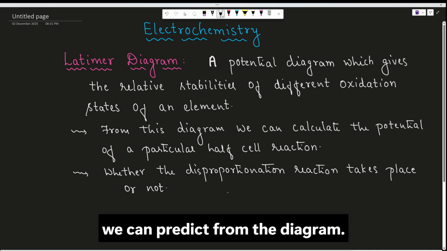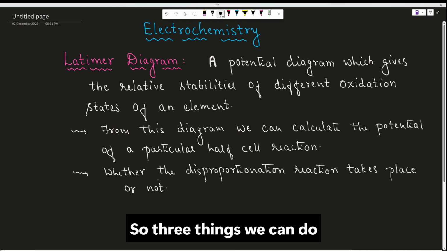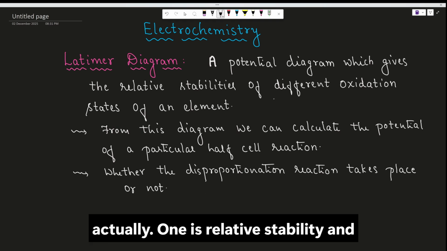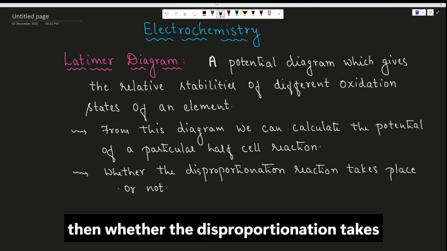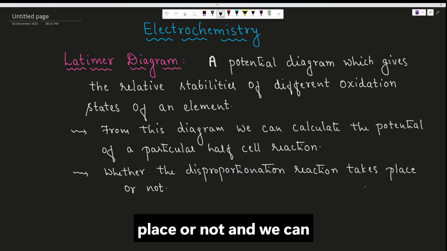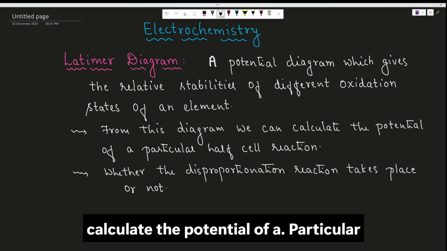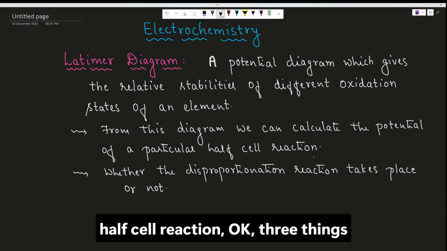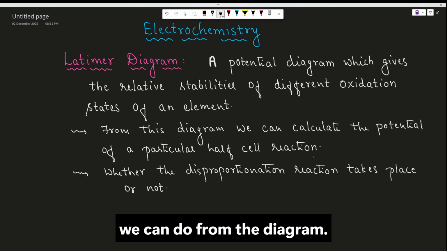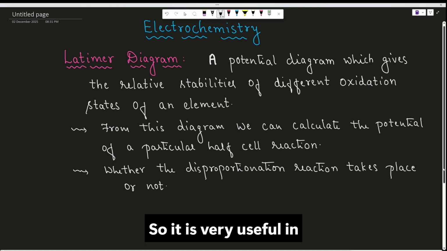This also we can predict from the diagram. So three things we can do actually. One is relative stability, and then whether the disproportionation takes place or not. And we can calculate the potential of a particular half cell reaction. Okay, three things we can do from the diagram. So it is very useful in electrochemistry.